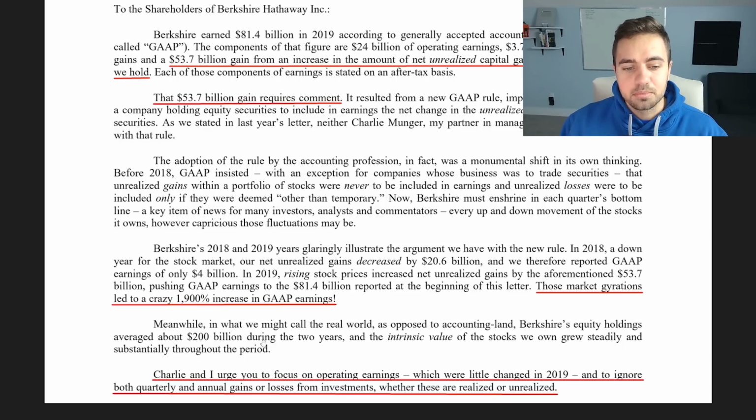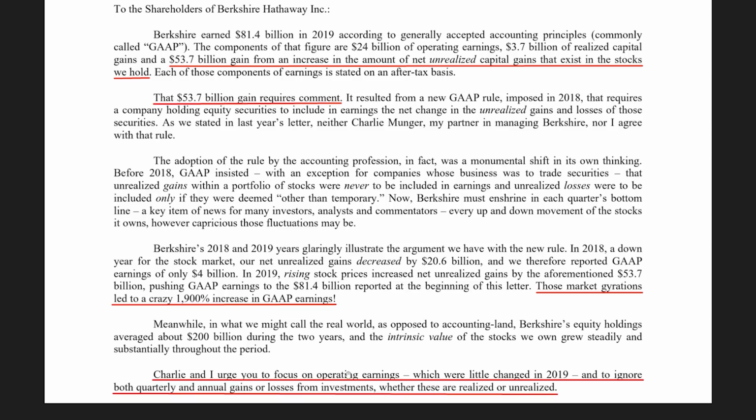Then he continues on, meanwhile, in what we call the real world, as opposed to accounting land, Berkshire Hathaway equity holdings averaged about $200 billion during those years, and the intrinsic value of those stocks we own steadily grew substantially throughout the period. Charlie and I urge you to focus on operating earnings, which were little changed in 2019, and to ignore both quarterly and annual gains or losses from investments, whether these are realized or unrealized.